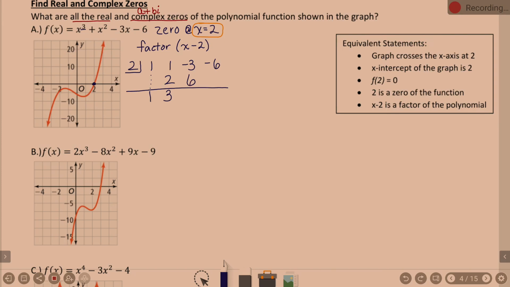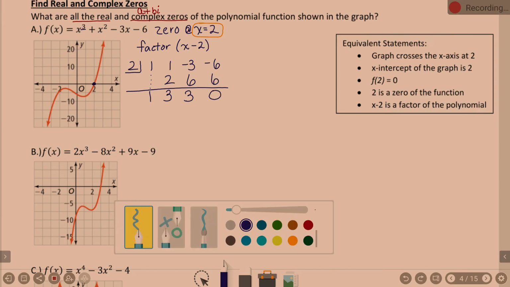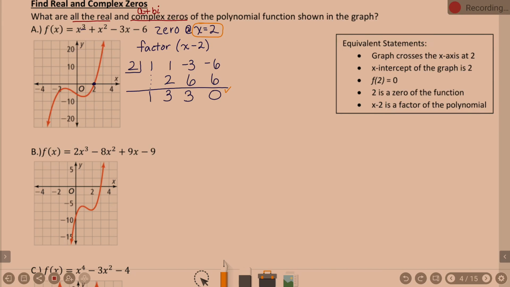Negative 3 plus 6 is? 3. Multiply. 2 times 3 is? 6. Add. Negative 6 plus 6? 0. What just happened? We got a remainder of 0. Is that what I needed to happen? Yes. That just verifies, as the graph shows, that 2 is indeed one of my answers. Now, where are the rest of my answers?